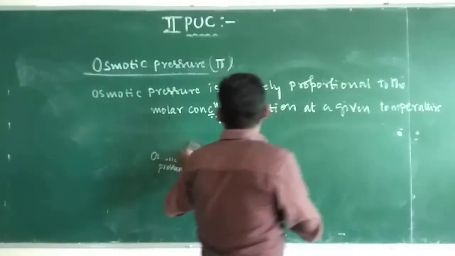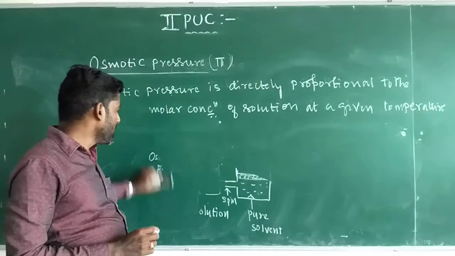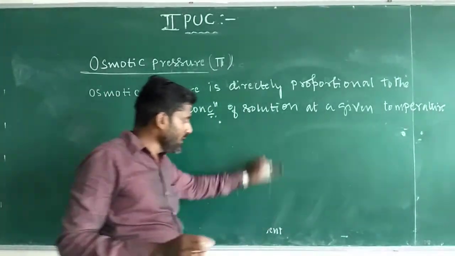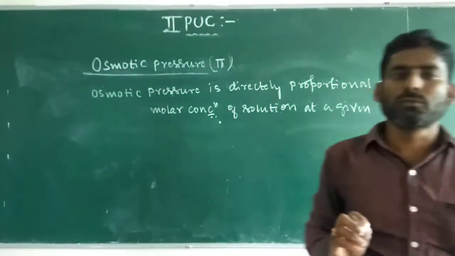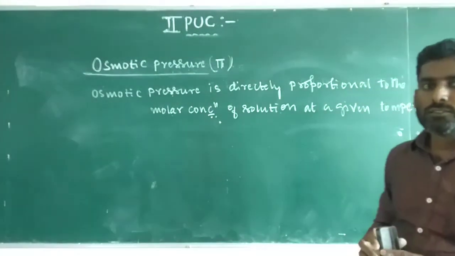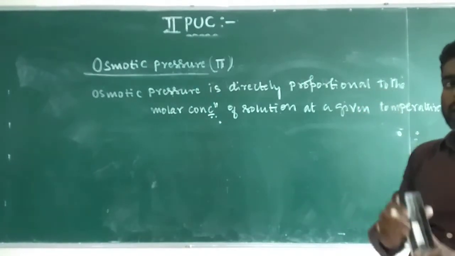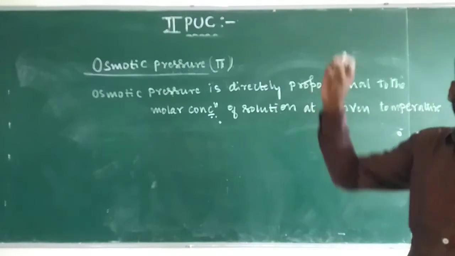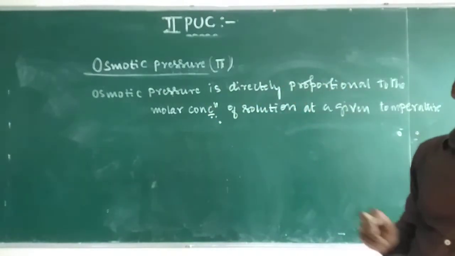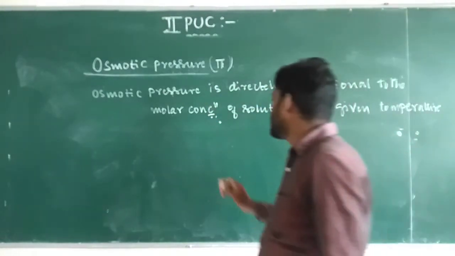That is, osmotic pressure is a colligative property which depends only on the number of solute particles present in the solution. The number of solute particles decides the concentration of the solution, which in turn decides the osmotic pressure of the solution.